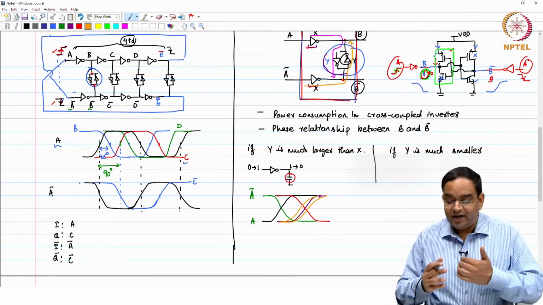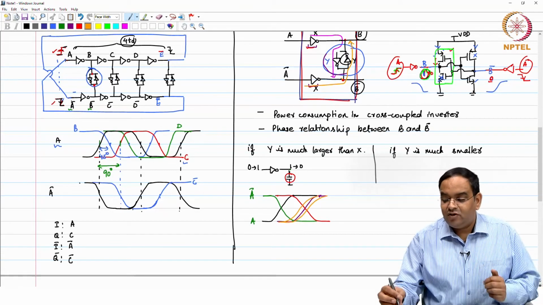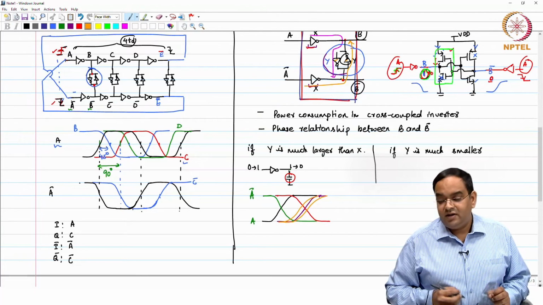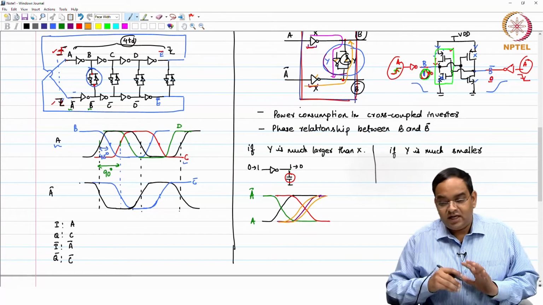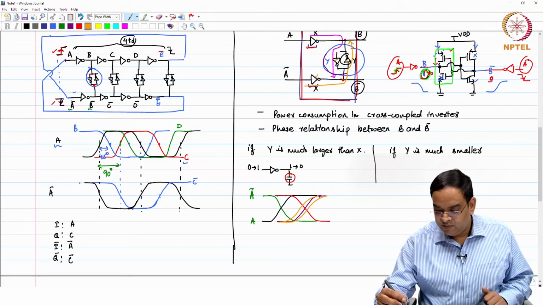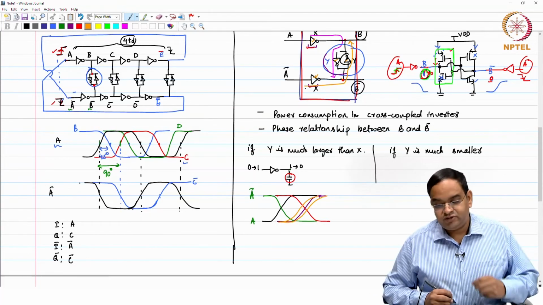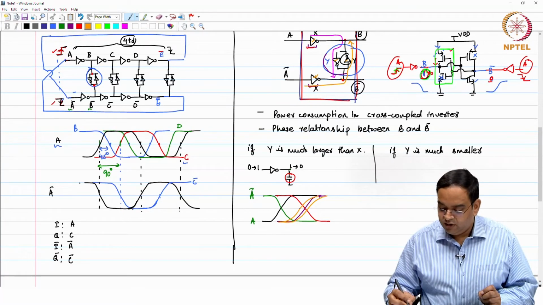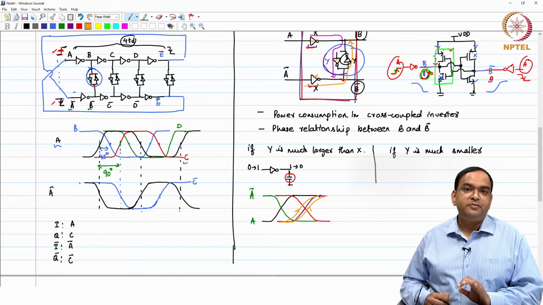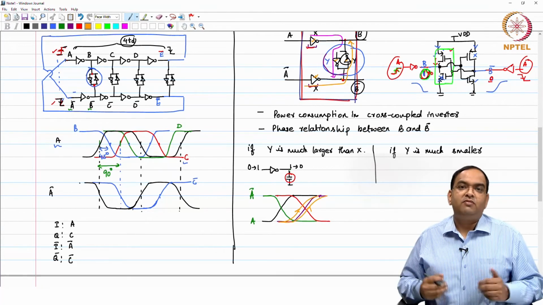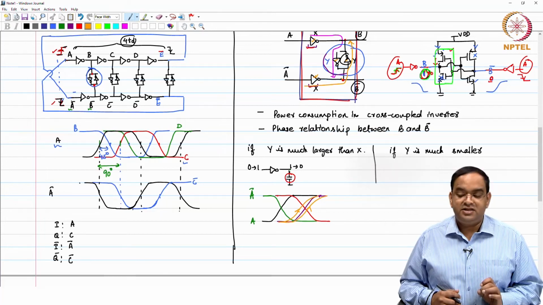So, these two are related, but if the size of the inverter is much weaker, if only these two inverters start dominating everything, then depending on the mismatch between these two inverters or any variation in the loading, this can deviate. Okay. And when this deviates, you do not have exactly a 180-degree phase relationship.